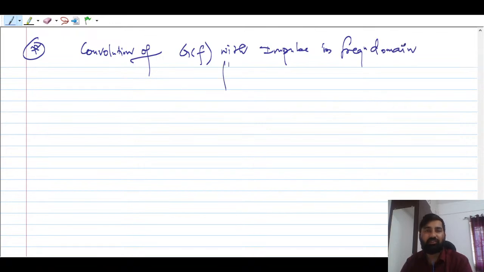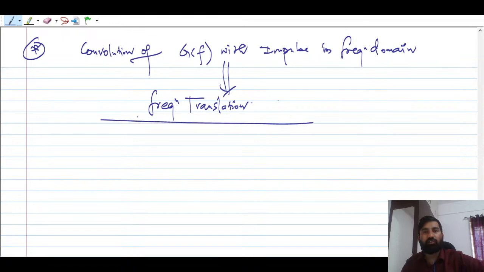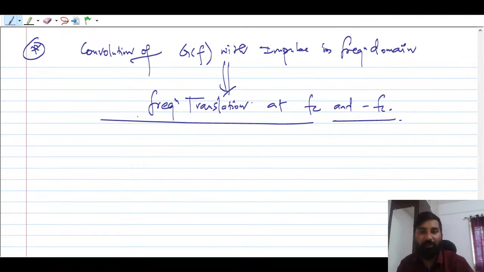Always keep in mind this will shift. It is nothing but translation. This is the property of frequency translation, at fc and minus fc, since cosine has fc and minus fc.